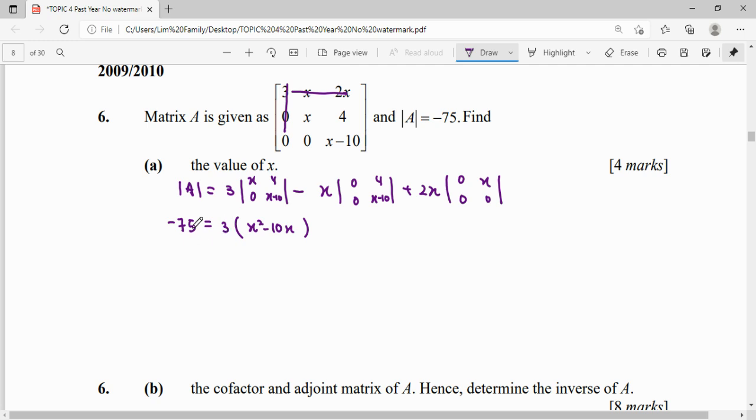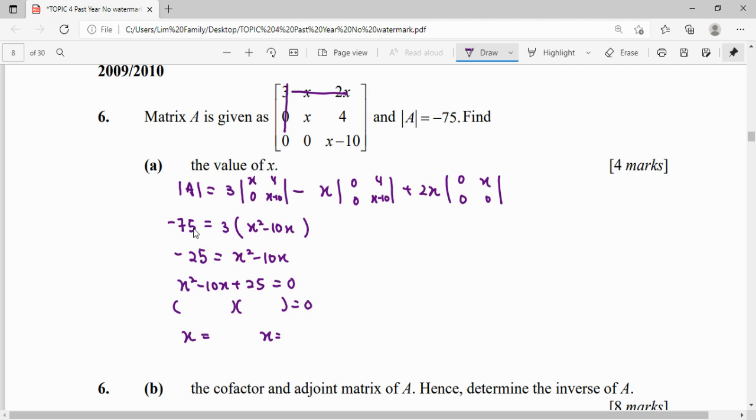Move the 3 to the left hand side, and we get a quadratic. So we will rearrange our quadratic and try to factorize to find out what our x value is.